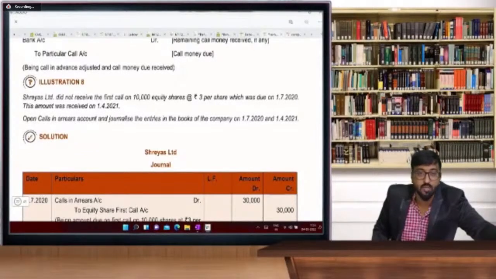It was due on 1st July 2002. This amount was received on 1st April 2021. Open the calls in arrears account and journalize the entry.